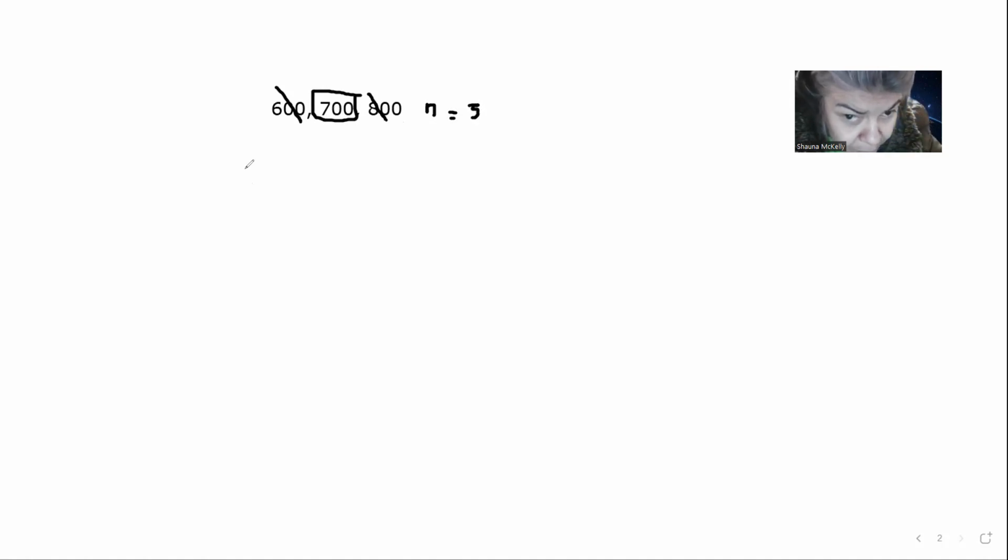So here you'd have 3 plus 1. Do that sum first and then divide it by 2. This is 4 divided by 2.